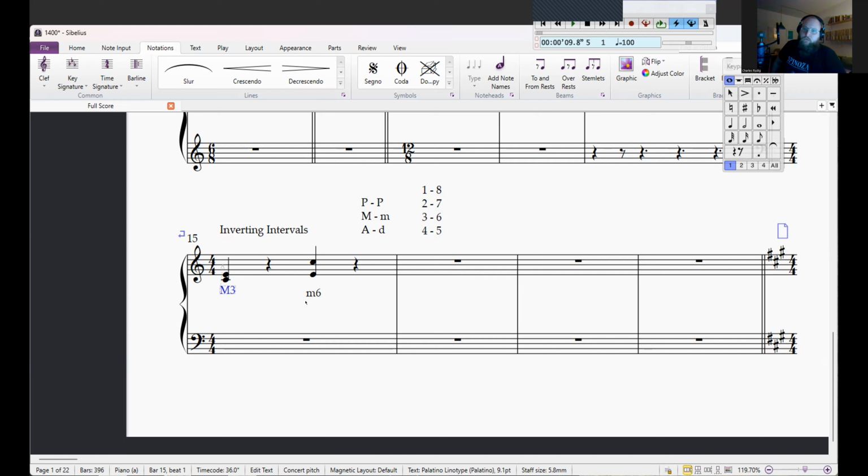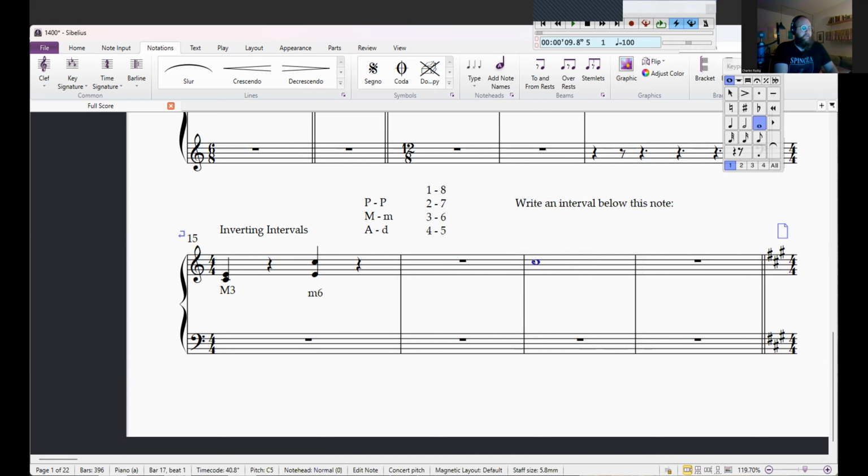So one thing you might want to do is write an interval below this note, instead of writing an interval above. So if I have a note here, no, let's do a different note. Let's do this. And we want to write, sort of tricky, maybe a diminished fifth below.